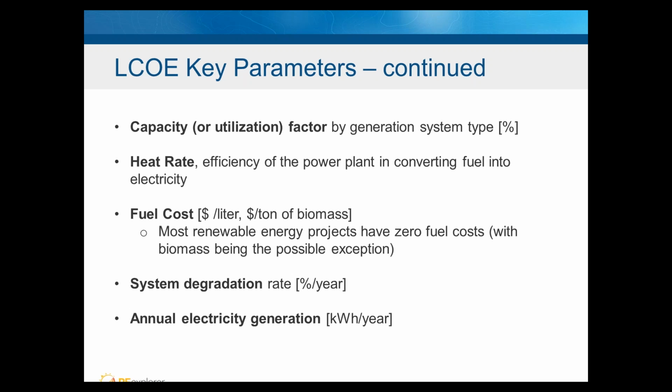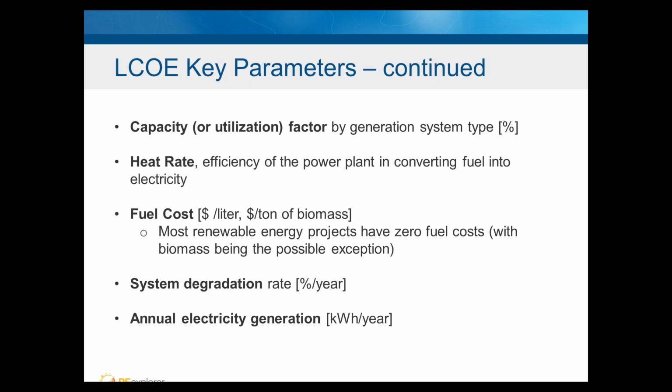The next parameter is the capacity factor, or another term is utilization. Basically, it's the percentage of how much the electricity generation technology can produce over the full capacity, technically.